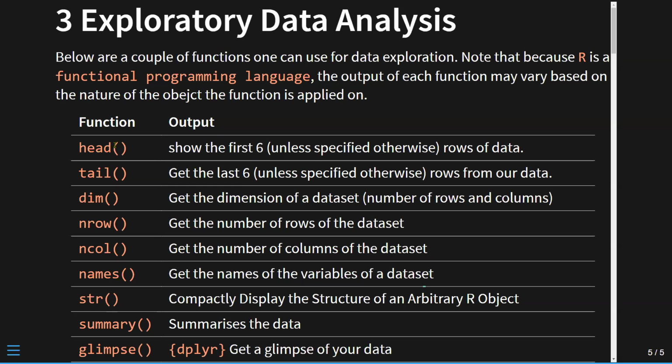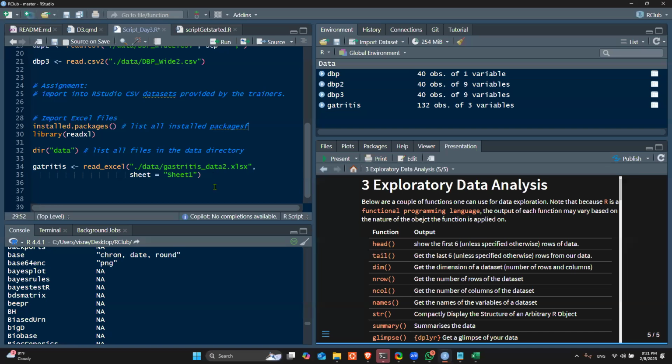When you apply the function to a data frame or a table, you have the output we are showing here. But we are making a disclaimer that if you apply these functions to objects of another nature, you can have an output which is a bit different from what we have here. So let us go ahead and practice a little bit.